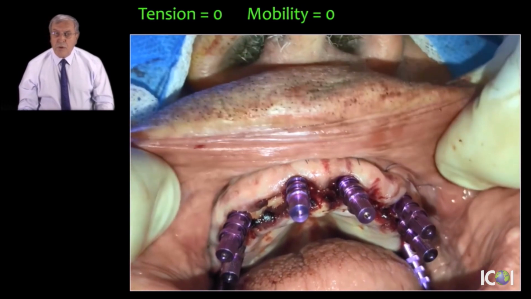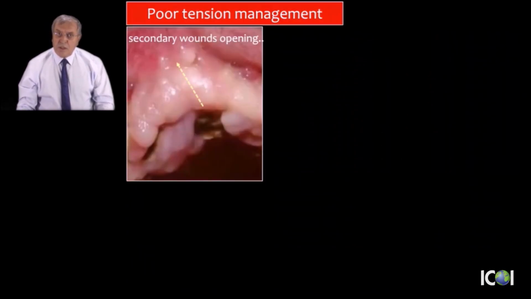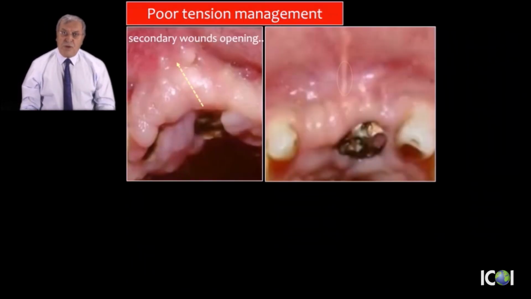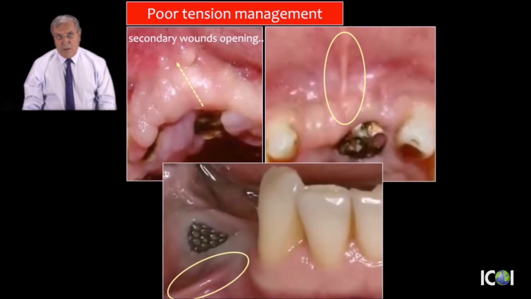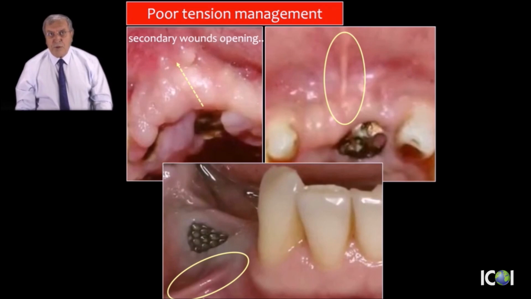When we pull the lips, this is what happens. But if we don't fix the flap, the tension will remain. And then we will meet a secondary wound opening because we forgot to manage the tension in the buccal flap.